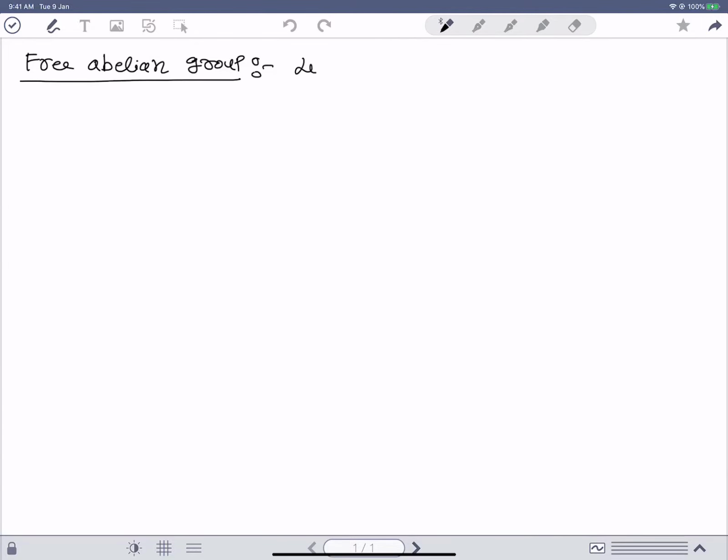So let sigma alpha, where alpha belongs to an index set lambda, and this sigma alpha can be any object. So here in our syllabus this sigma alpha can be maps or simplices, but in general it can be any object.